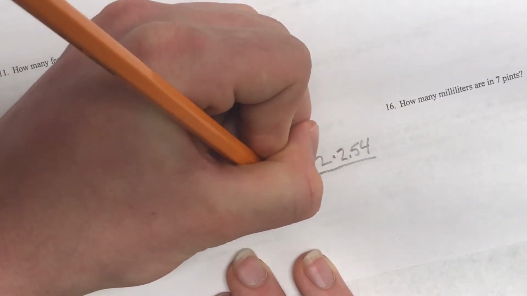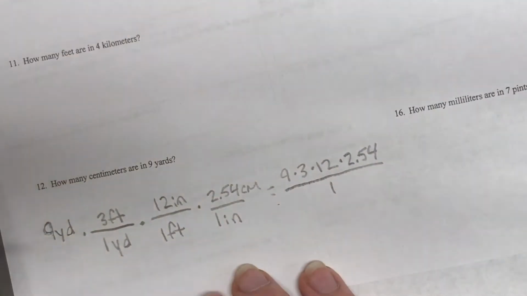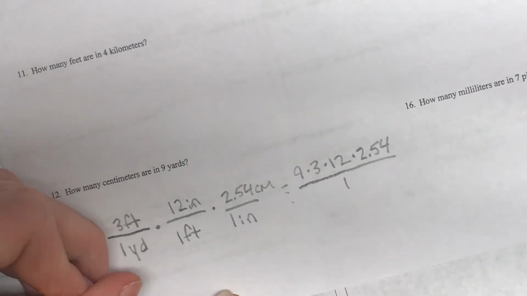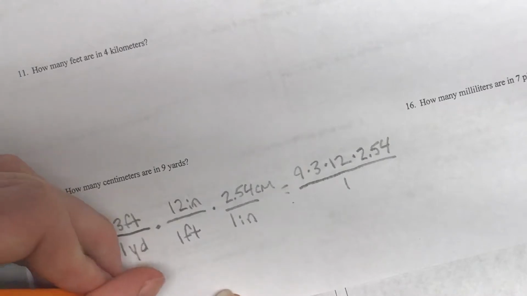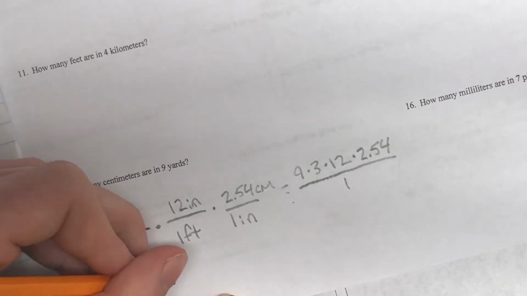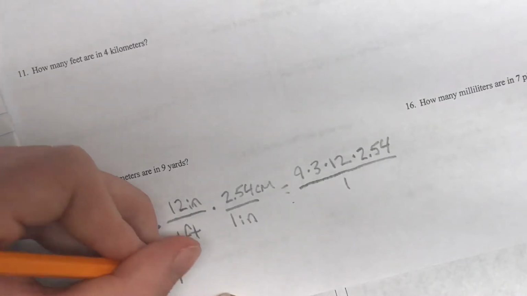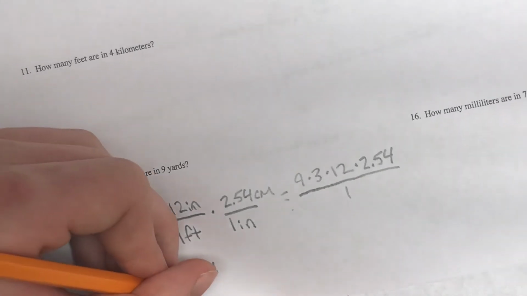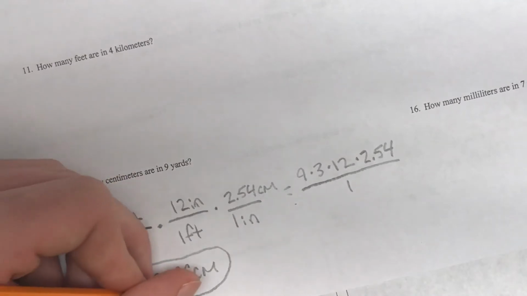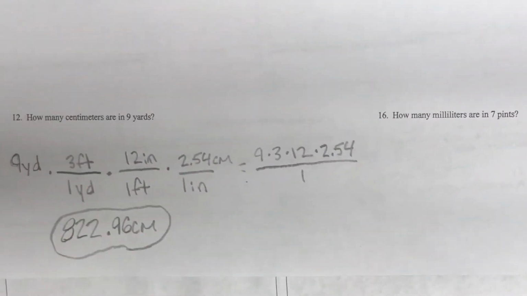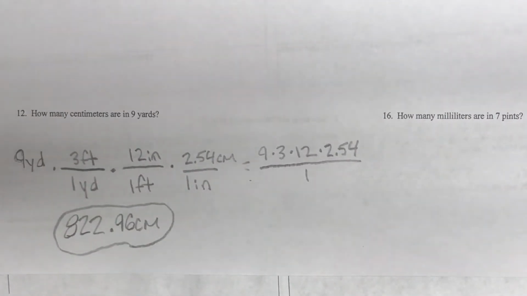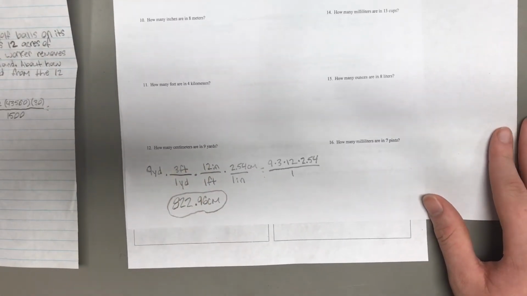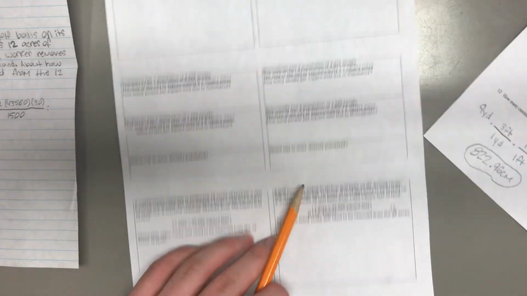And then everything on the bottom is 1, so it's just over 1. And from that, you get 822.96 centimeters. Alright, we went from yards to centimeters there. That is what we needed.